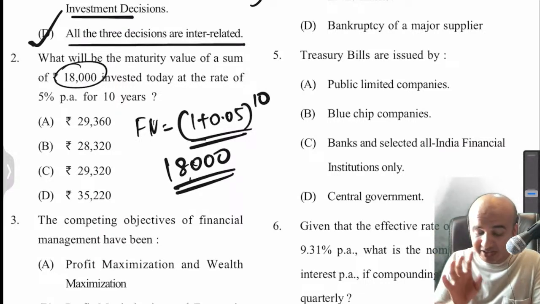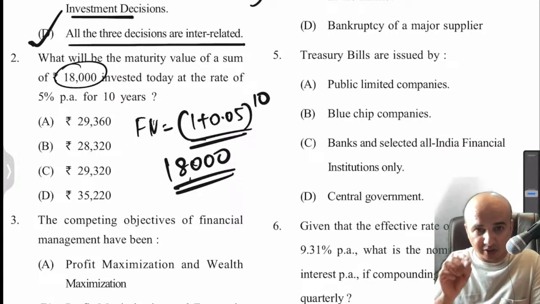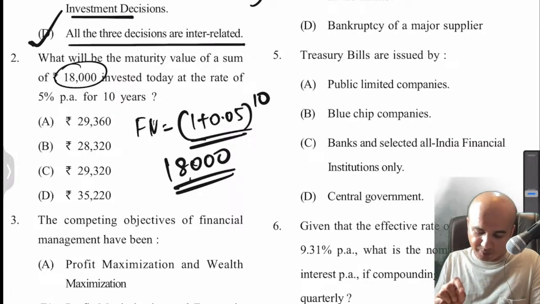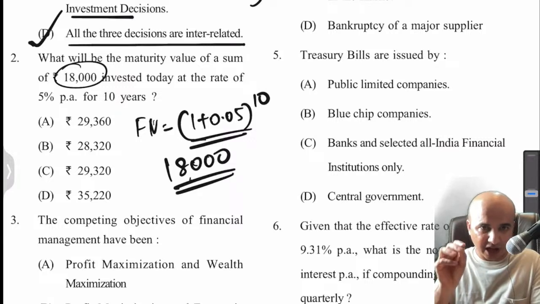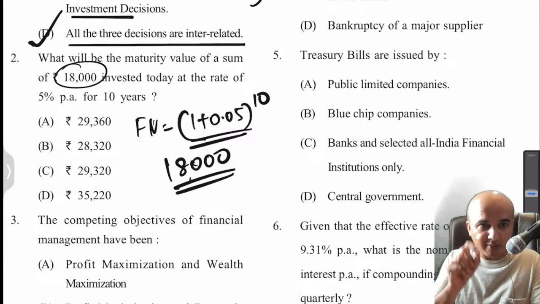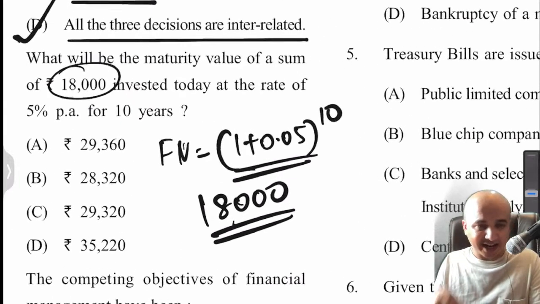Once again, what have they asked? What will be the maturity value? That means what value will we get at the end of 10 years? So now future value is easy to calculate. 1 plus r to the power of n. R is how much? Rate of interest 5%, so I have written it as 0.05 here. And n is how much? That is the duration, 10.